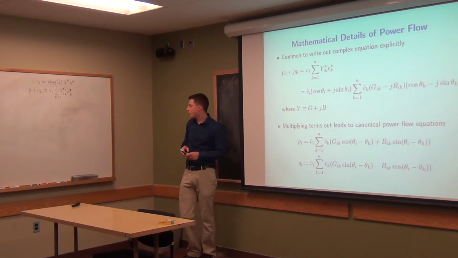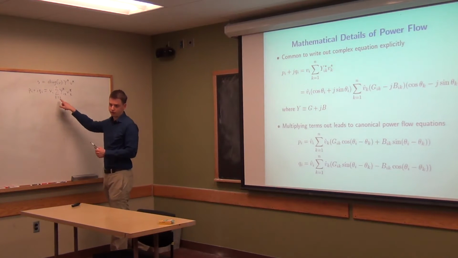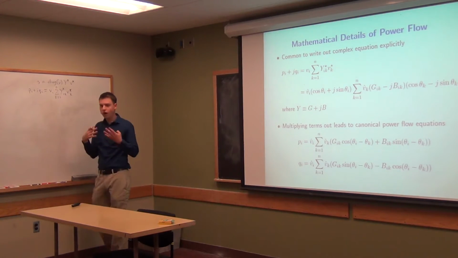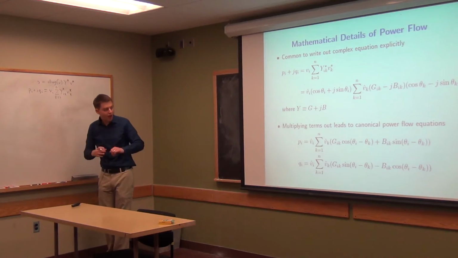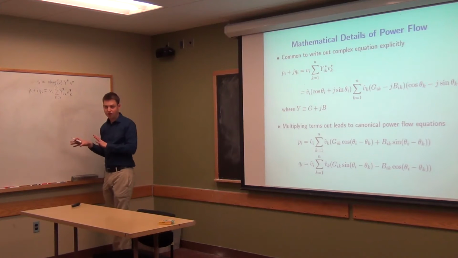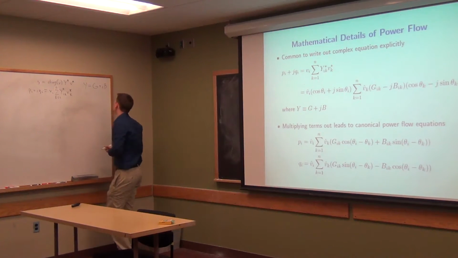All right, and now we can also substitute in the complex form for all these things. Remember, Y is this admittance matrix. We defined it in a certain way, but we can also write it in terms of its real and imaginary components. So we're going to write Y equals G plus jB.